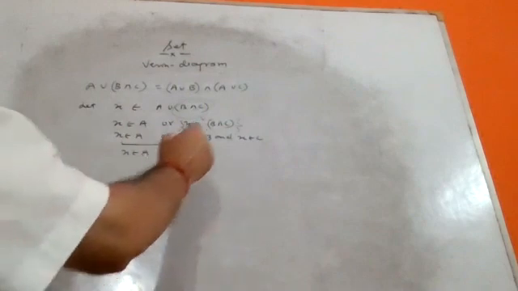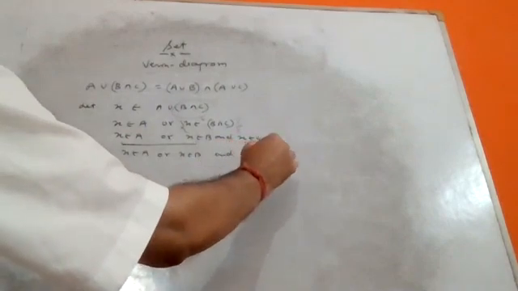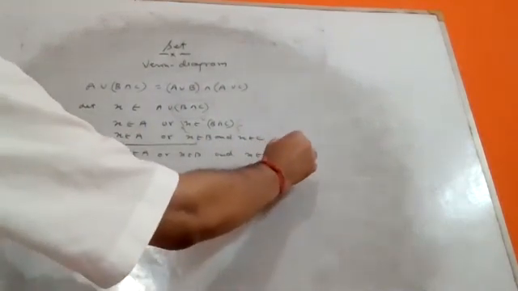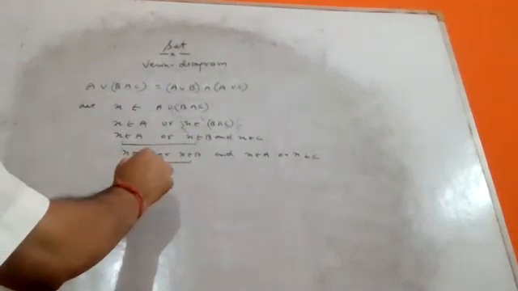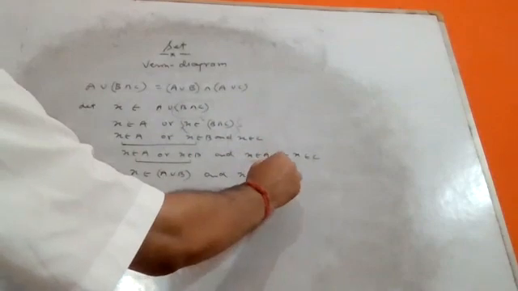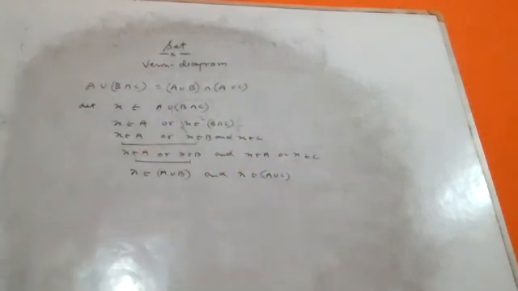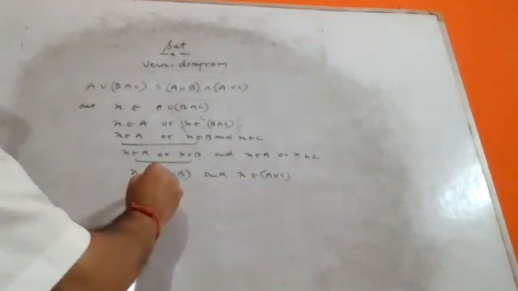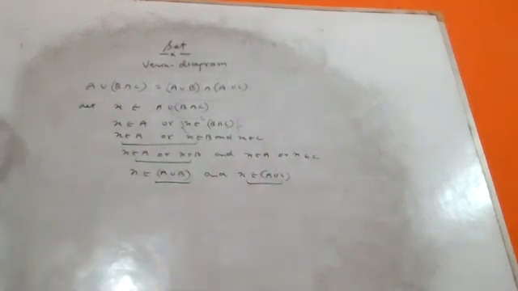So we can say X belongs to A or X belongs to B, and the sign is and, because here is intersection, and X belongs to A or X belongs to C. In this manner, X belongs to A or X belongs to B, you can write X belongs to A union B, and X belongs to A union C.